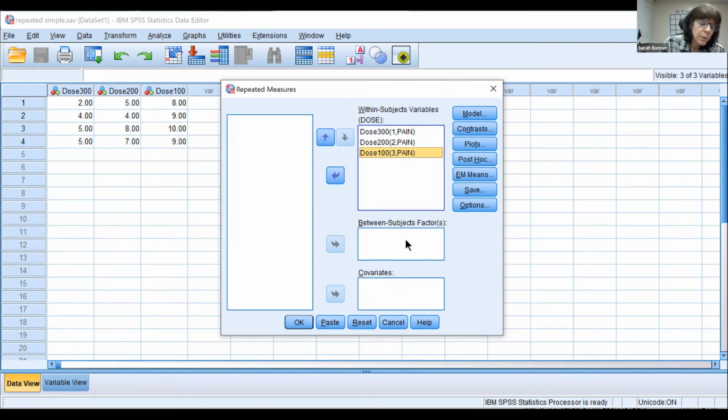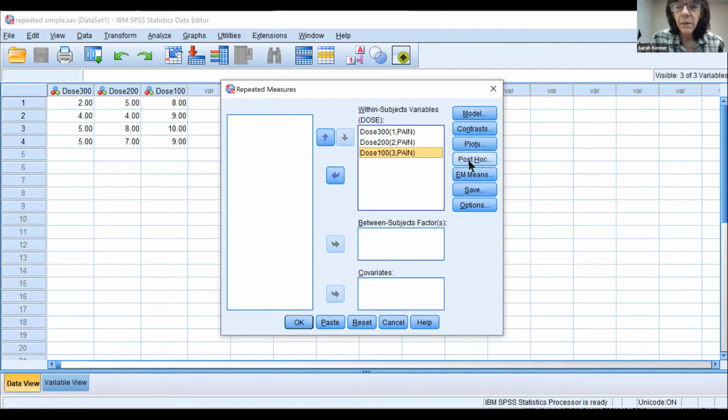We have no between subjects factors. That would be like if we had also randomly assigned people to an exercise regimen, so that of the people who were measured, we had twice as many, and the second group had an exercise regimen and the first group did not.